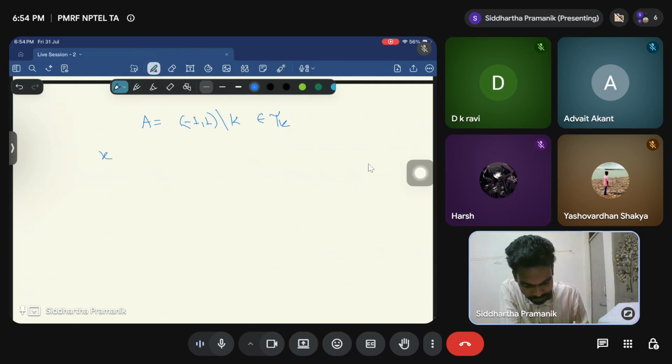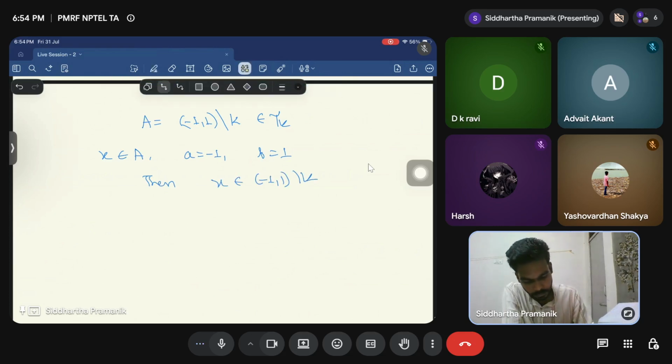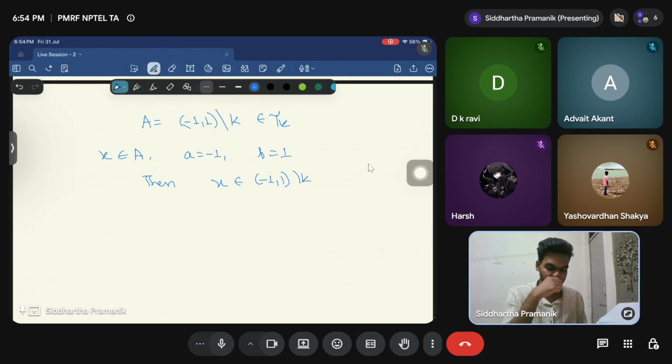If you take any element x from A, then you take a equals -1 and b equals 1. Then x belongs to this set only, right?